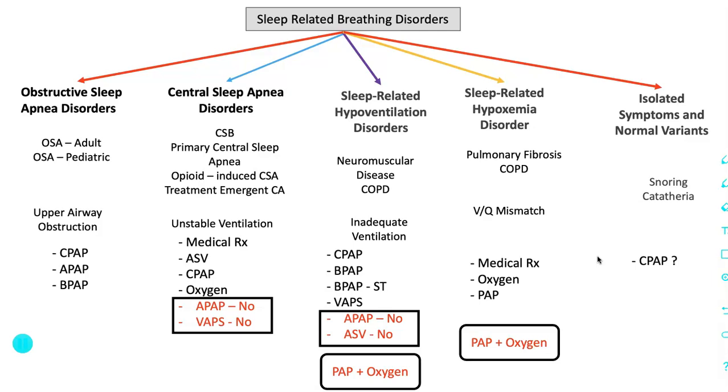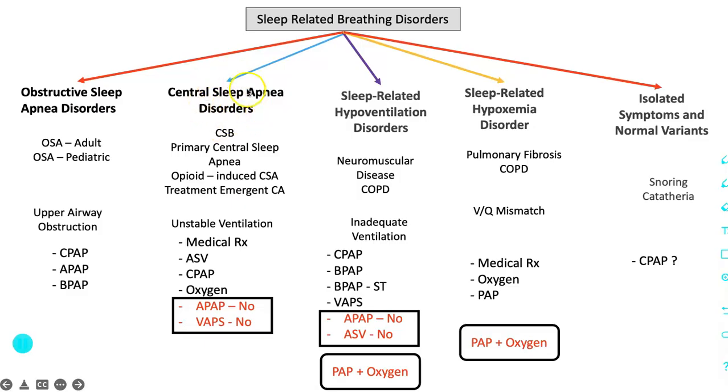So, in short, what I have discussed so far is that obstructive sleep apnea can be treated with CPAP, APAP mainly, and sometimes BiPAP may be used for patients who cannot tolerate CPAP, or who have a pressure intolerance, or if the pressure requirement is higher with these two devices, as the problem here lies in the airway obstruction.